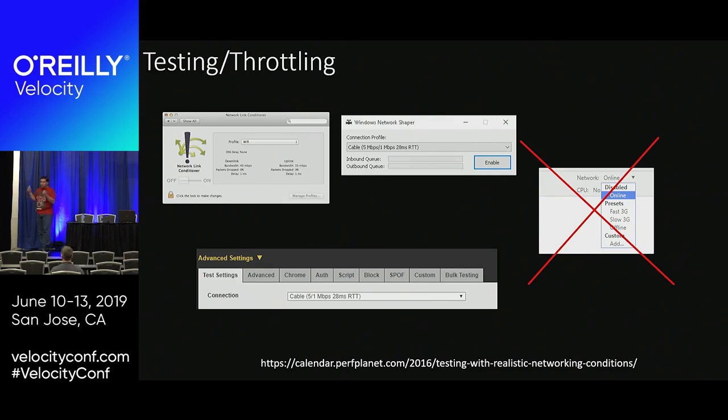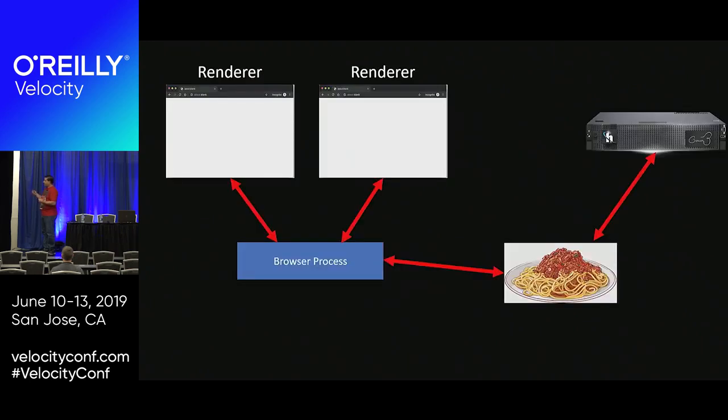In particular, do not use Chrome's built-in traffic shaping. It is horribly, horribly broken for so many reasons that it will lie to you and make you think things are different than they actually are. So the reason for that, the spaghetti is the internet. It's a mess. Chrome's architecture has multiple renderer processes, which is the sandbox where the websites load in.